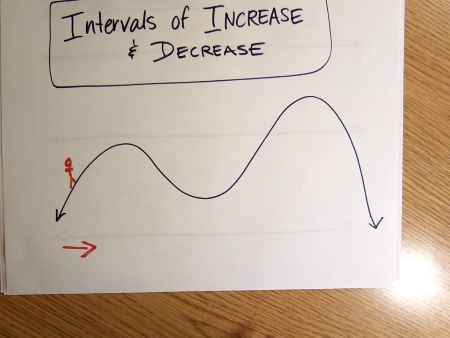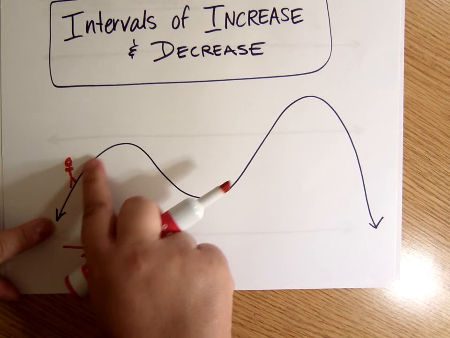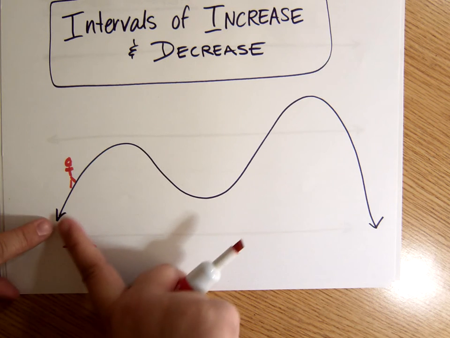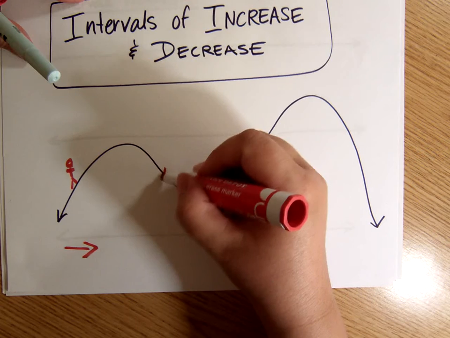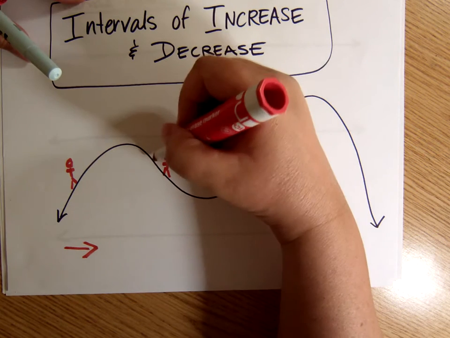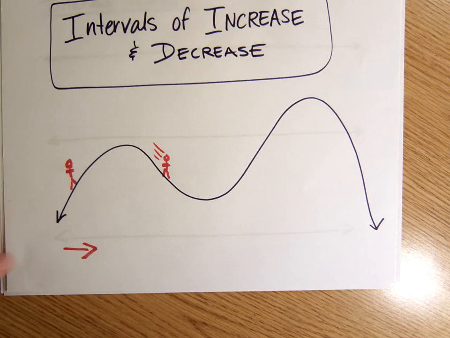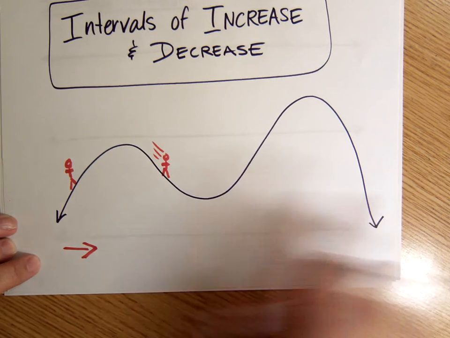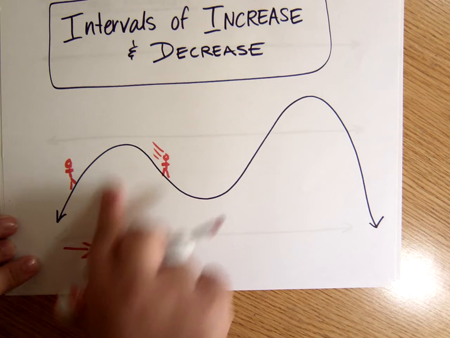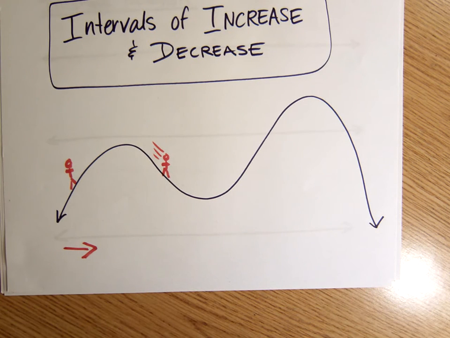If he is walking uphill, just like a positive slope, he's at an interval of increase. If he is sliding downhill, that is an interval of decrease. It is all in terms of traveling from left to right across the graph, and he's standing above the line, so don't try to put him underneath, hanging upside down.